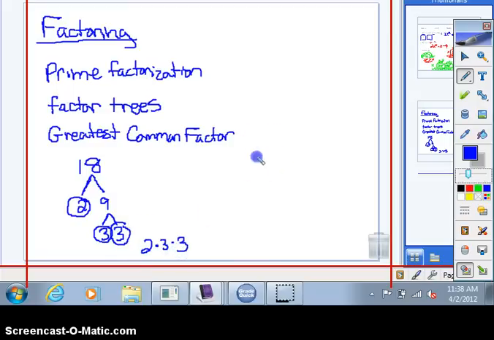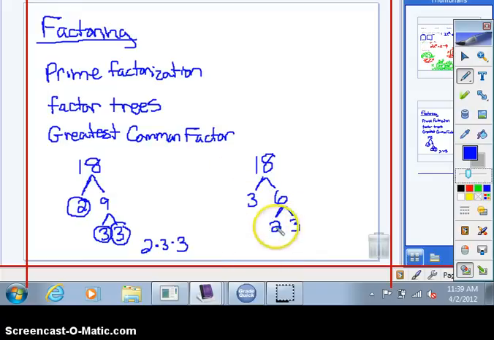Now there may be some of you who say, well, 18 can also be factored into 3 times 6. That is also true, because 6 can be factored back into 2 and 3. So we still have the same factors. You can write it any way.